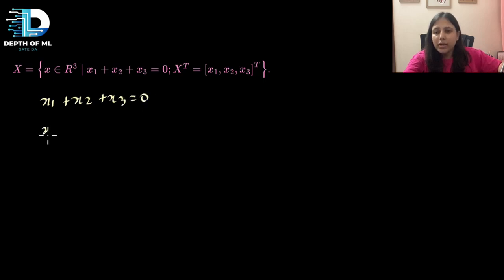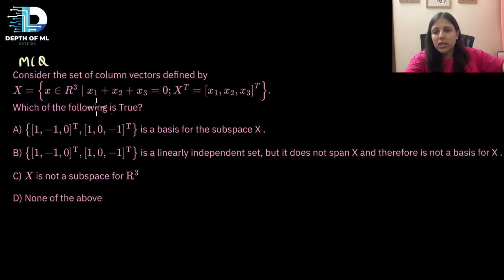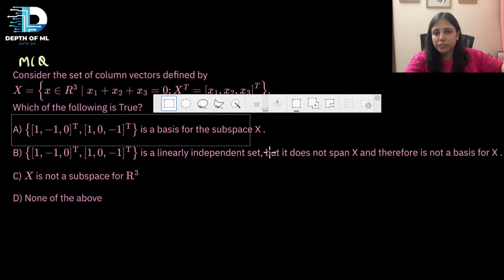Then I can write x3 as equal to minus (x1 plus x2). So my vector will be of the form x1, x2, and minus (x1 plus x2). This is how the vectors in this set look. Now let's take the first option and see.